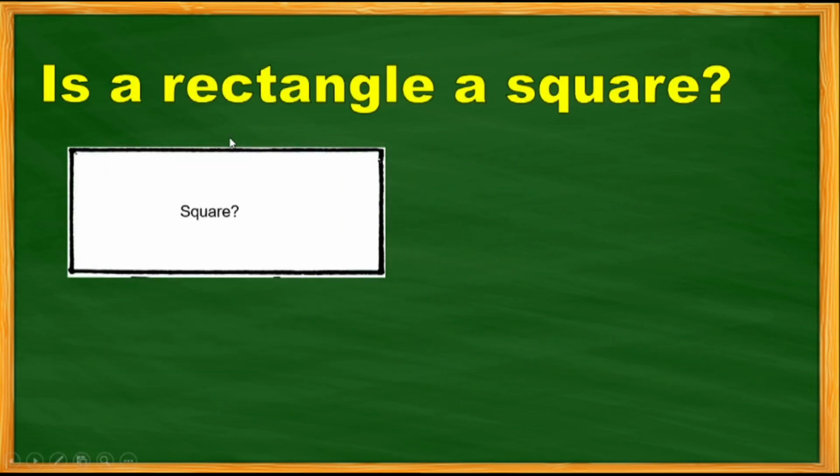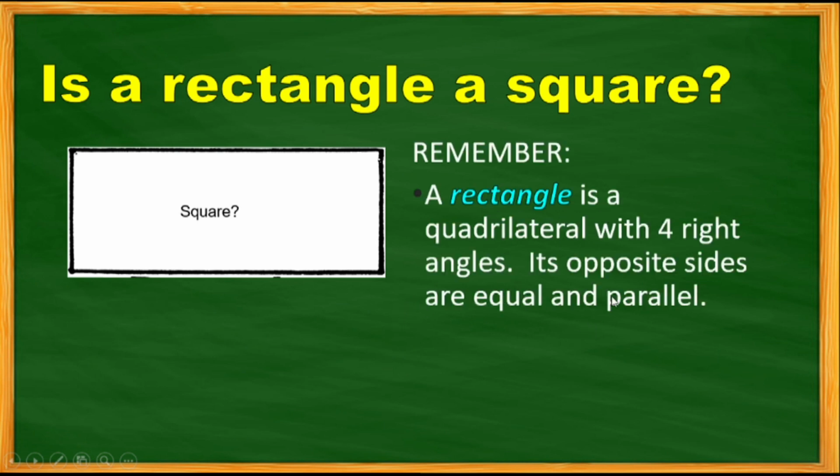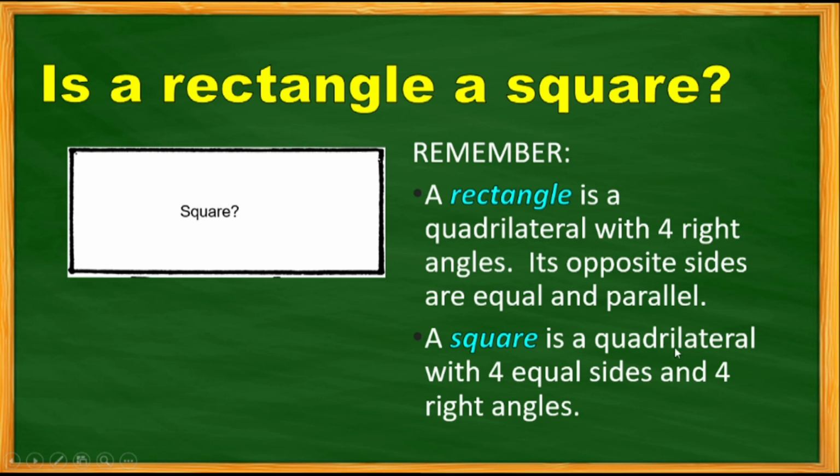Next, is a rectangle a square? Remember again that a rectangle is a quadrilateral with 4 right angles and its opposite sides are equal and parallel. And a square is a quadrilateral with 4 equal sides and 4 right angles. Now, they form a right angle, right? A rectangle, very good. But in a rectangle, two sides are parallel, but they are not 4 equal sides.